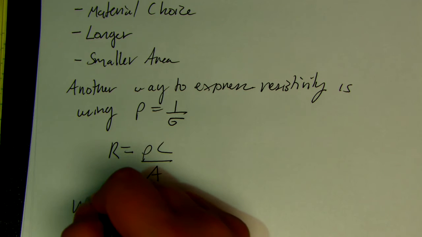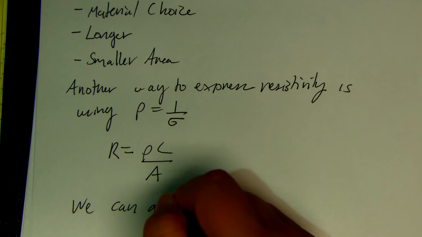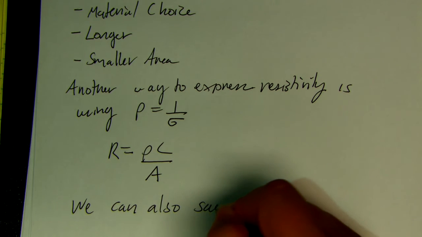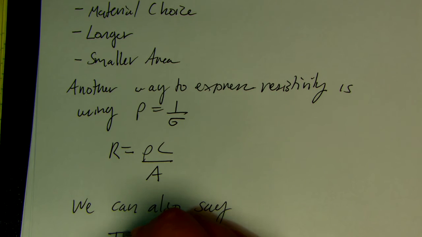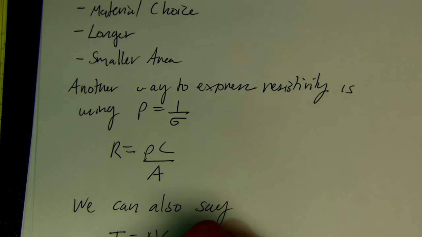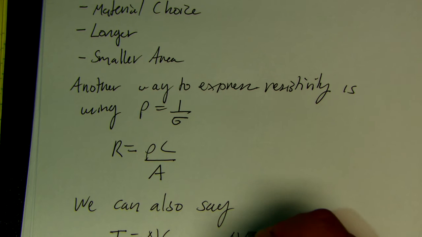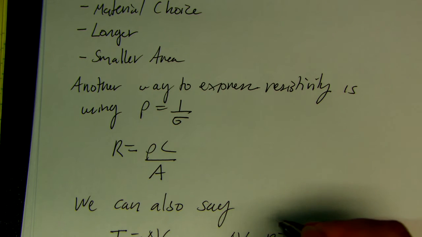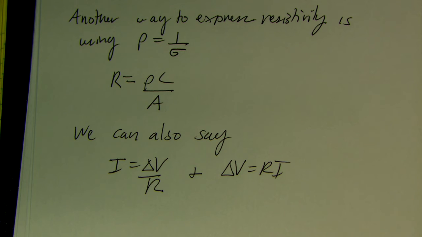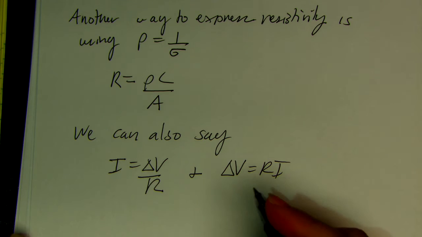We can also say I is equal to delta V over R, and thus delta V is equal to IR.